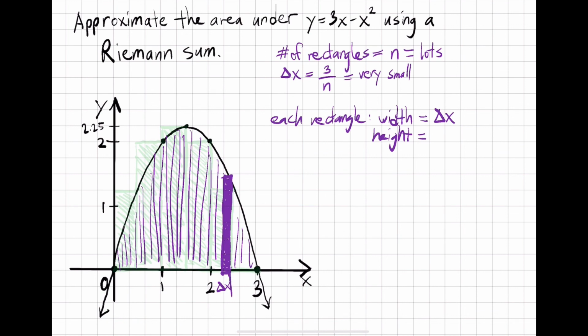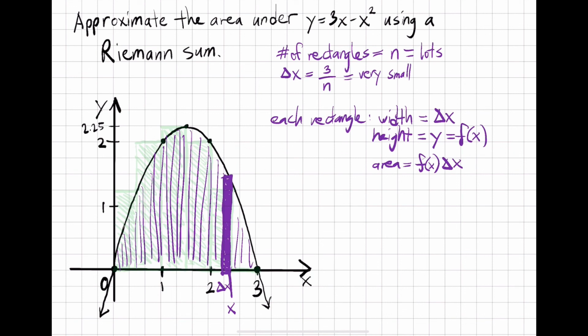Here is the x-coordinate we care about, and plugging that into the function to figure out what the y is, or the f of x. What is the area of each rectangle? Well, it's going to be the height times the width. It's going to be f of x times delta x, whatever that is.